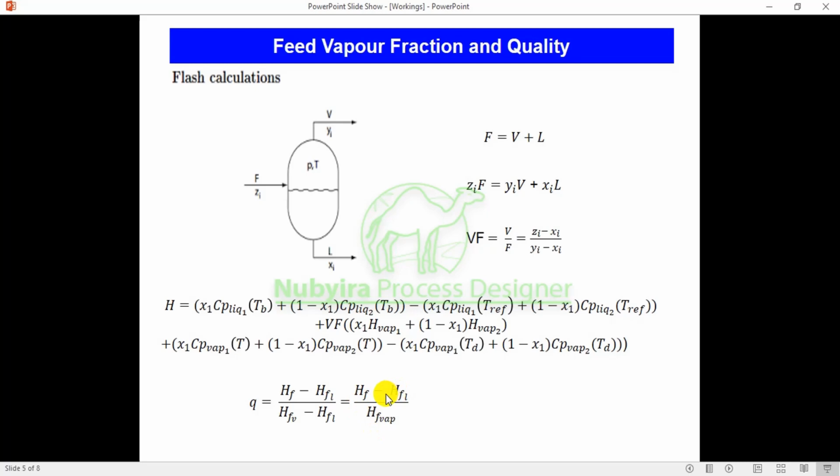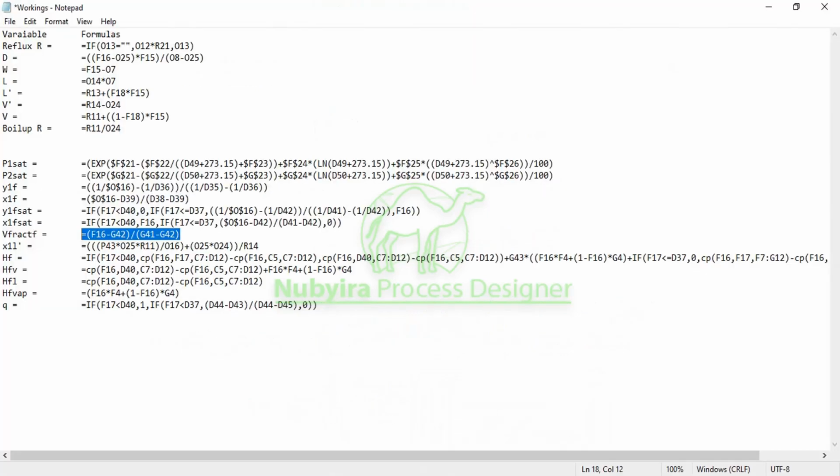So I need to get this enthalpy of the feed and these two values. And I have the formula for the enthalpy of the feed here.